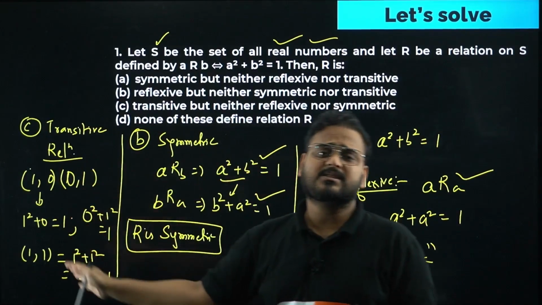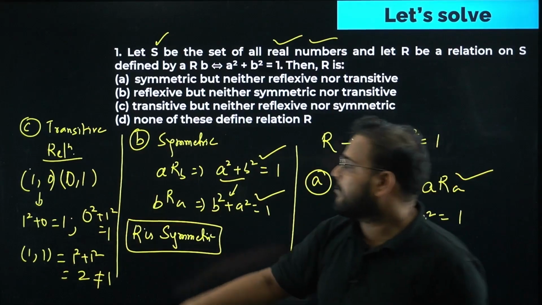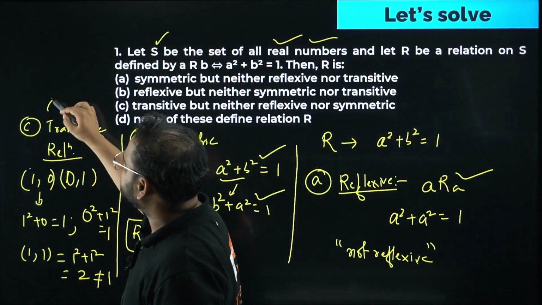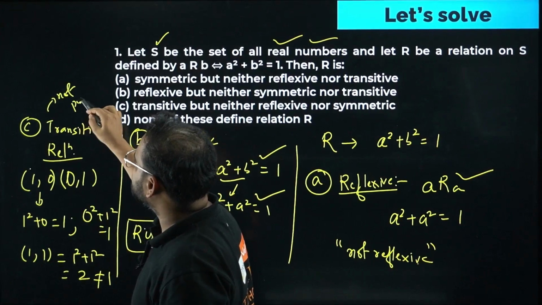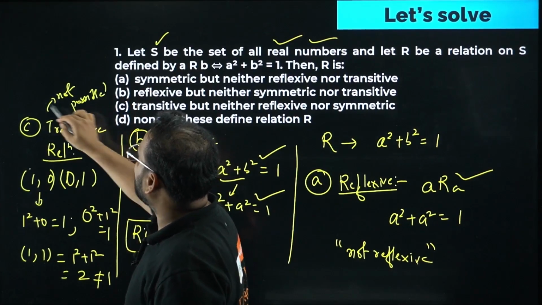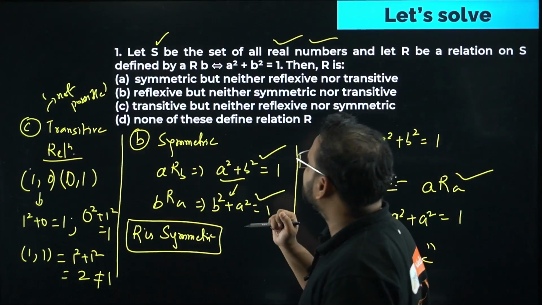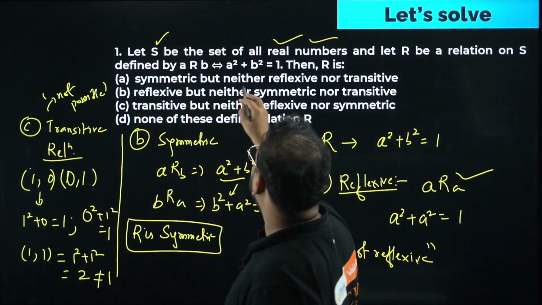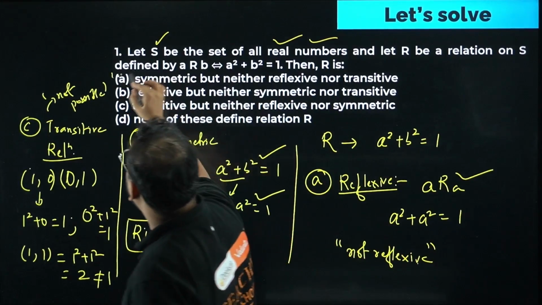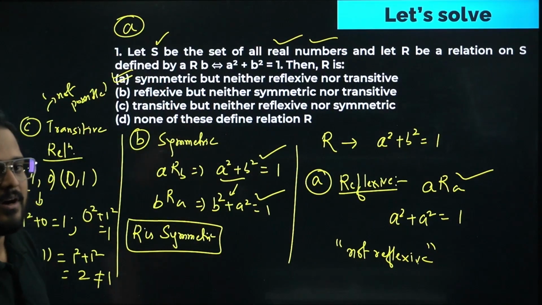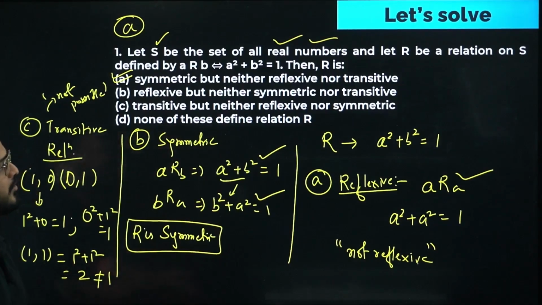You can think of other numbers too. So even transitive is not possible. Our relation R is only symmetric. So the option is symmetric but neither reflexive nor transitive. Option A is correct. Please check.